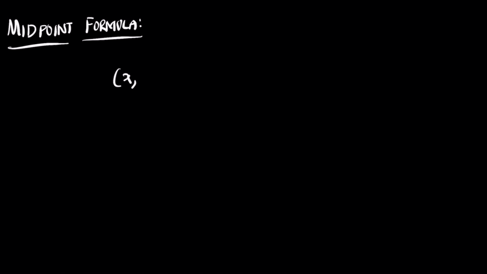So the next one is the midpoint formula. So what is the midpoint formula? The midpoint formula is, if you have 2 points x1 comma y1 and x2 comma y2.